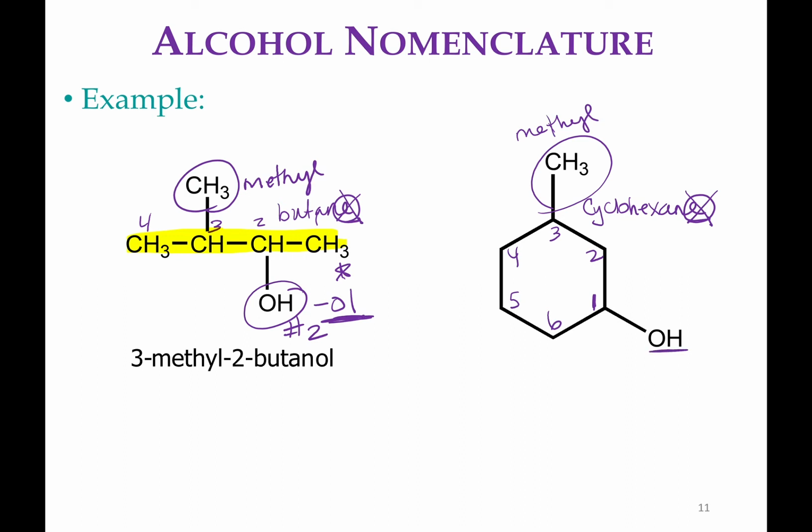We don't have to number it, okay? So we're just going to change it to cyclohexanol. It's at number 1. We, again, don't need to number it, but we do have to number the 3, so we'll say 3-methylcyclohexanol. You don't need the number 1, so we can leave it off and put the methyl group there, and then we have a number 3. So 3-methylcyclohexanol.